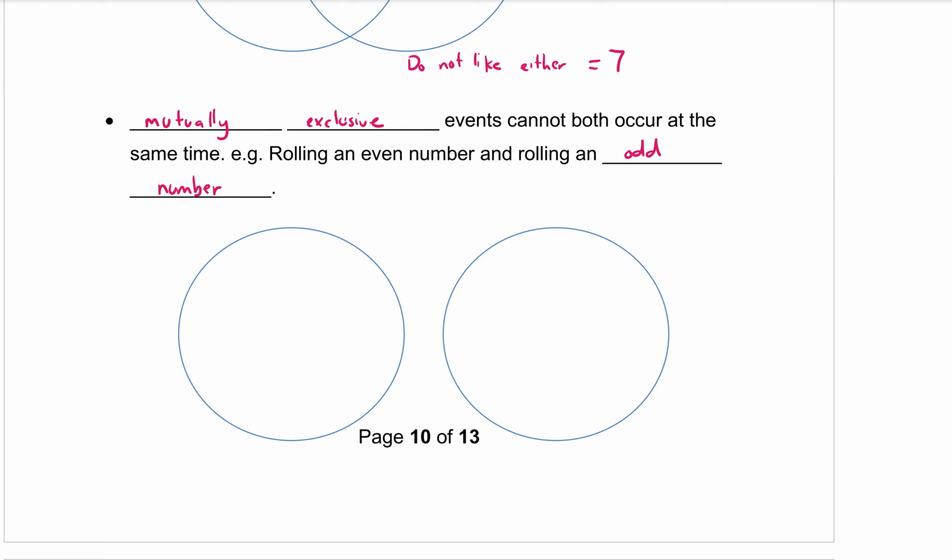Okay, so if we have our dice, we have the even numbers for this circle and we have the odd numbers for the second circle. There are 3 even numbers on a dice and there are 3 odd numbers on the dice. There is no overlap of those 2 circles because there is no number that is both even and odd.